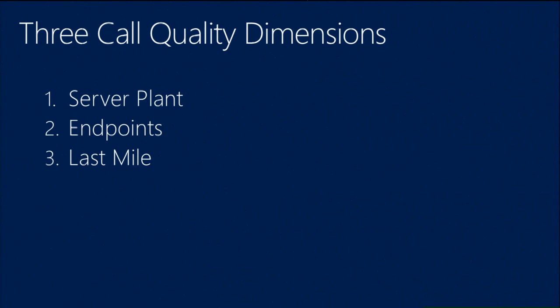The first dimension is the server plant: the servers that you are running, your conferencing server, your mediation servers, and so on. Then it's the endpoints, the users actually doing the talking. And then it's the last mile: how is the client connected? Is it a wireless call? Is it a wired call, inside or outside? Breaking it up into these different dimensions will help you when you investigate these quality issues.